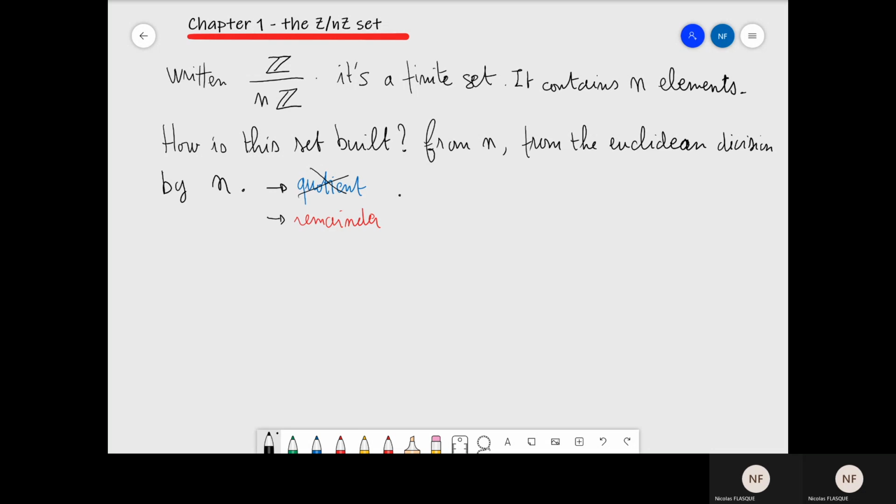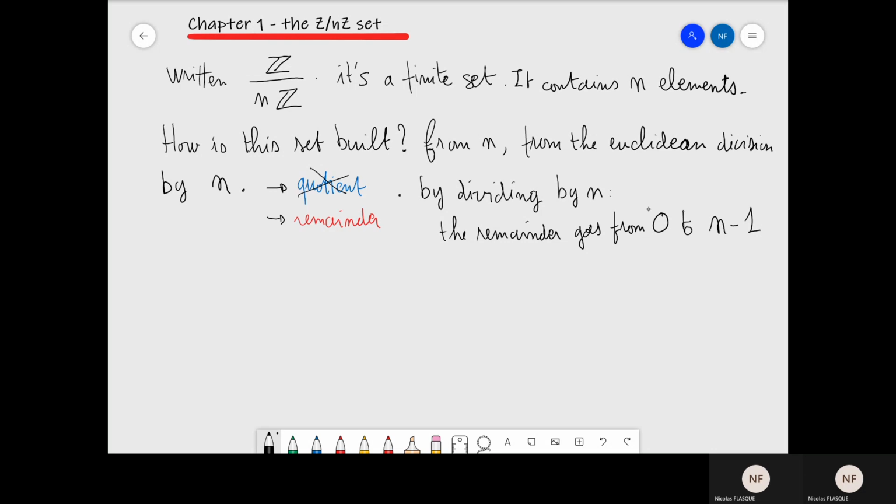You know that, it's actually the topic of the very first video of this course, by dividing by n, the remainder goes from 0 to n minus 1.